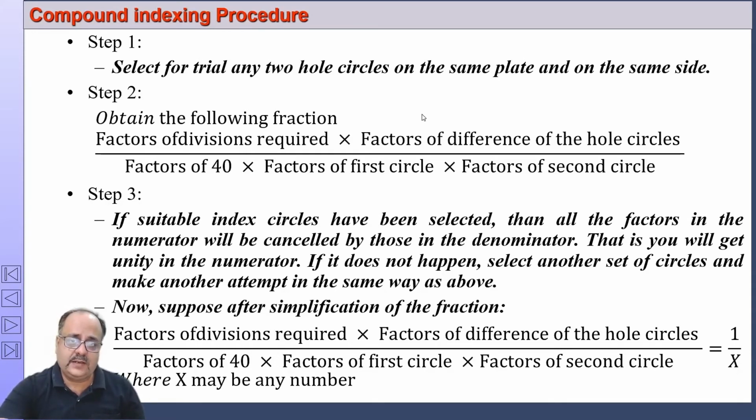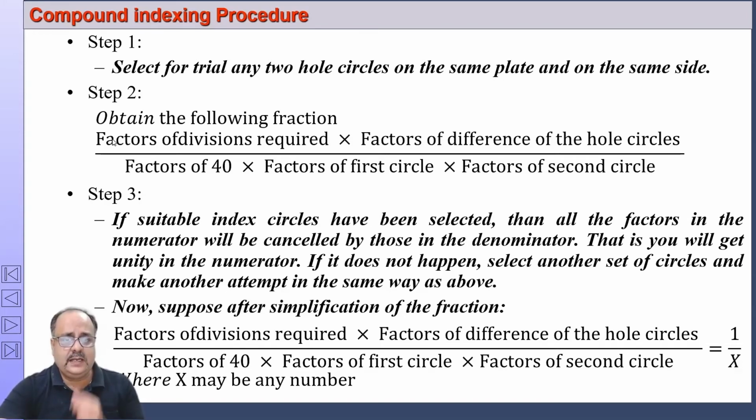Suppose if you do not get 1 by x, then we have to reselect the hole circles and try again. Don't worry, you don't have to reselect, because I'll tell you how to select the hole circles, and you will select in such a way that it will be 1 by x always. See here, you have to select the hole circle in such a way that it will get cancelled. The factors of the first circle and the factors of the second circle will cancel out the factors of the divisions and the factors of the differences. Okay, so in that manner you have to select it.